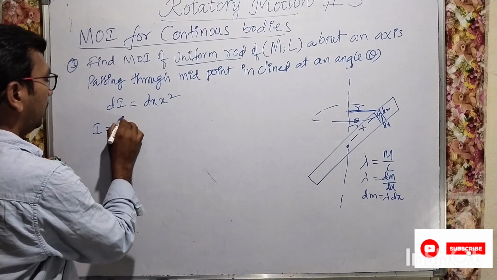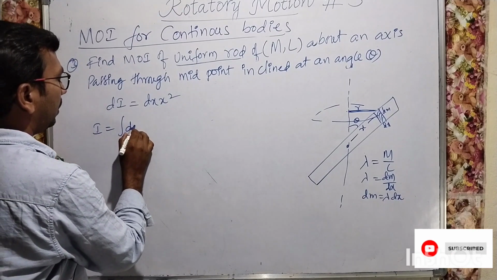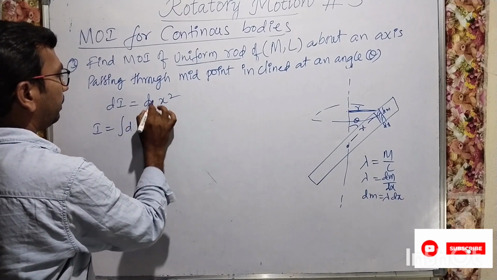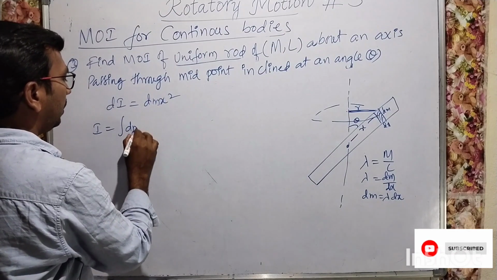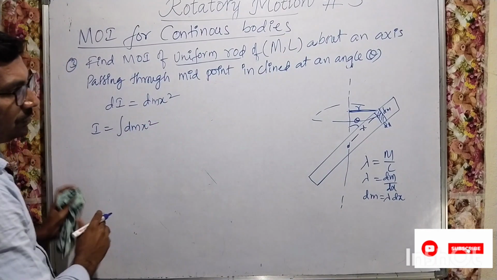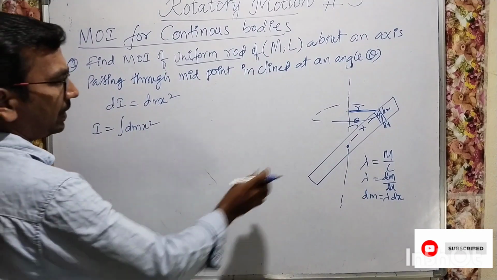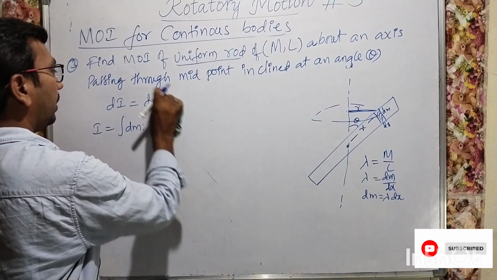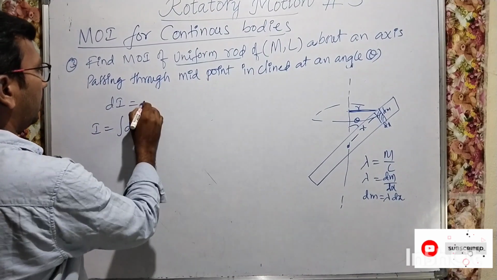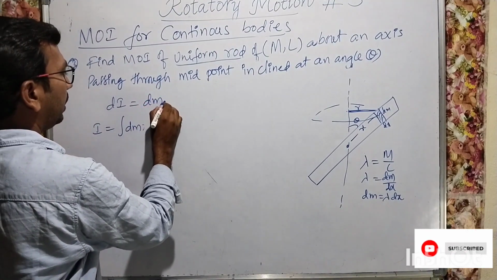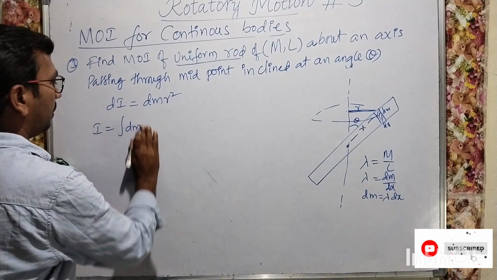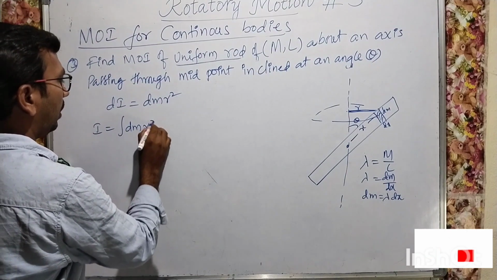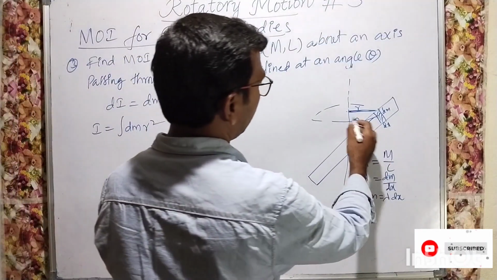I want the integration of dm x square. But the perpendicular distance, so here dm r square, not x square. So here dm r square. You can find this dm.